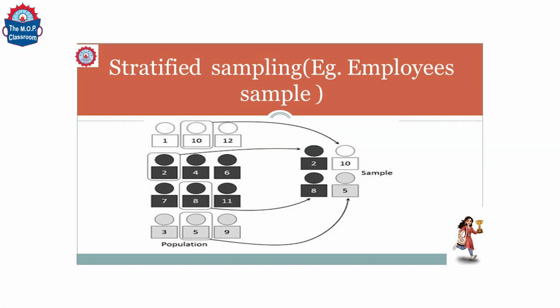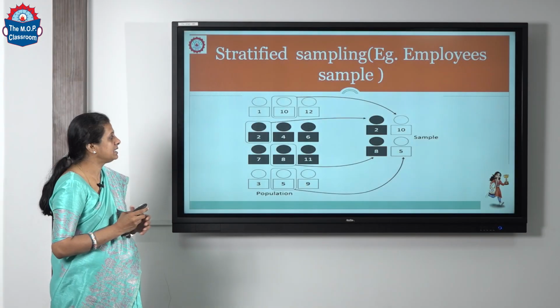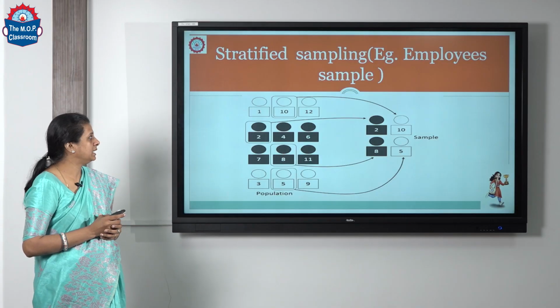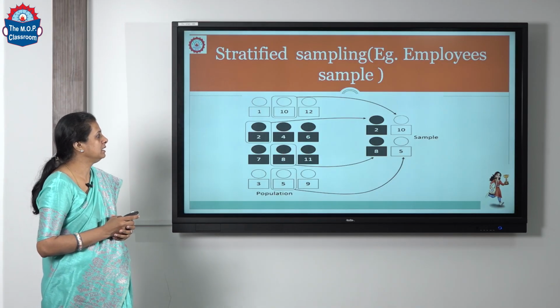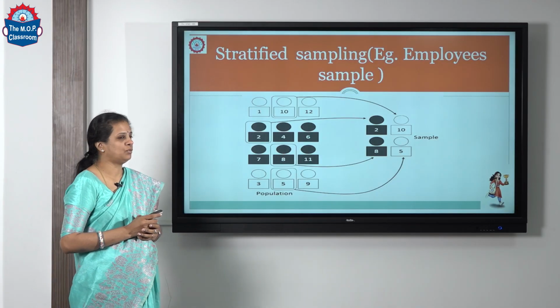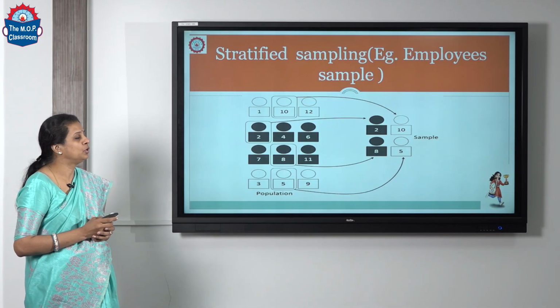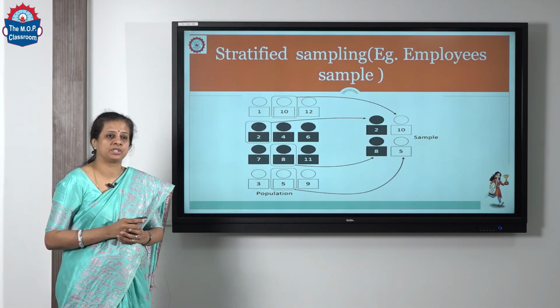The first three, that is 1, 10 and 12, indicate the upper level employees. 2, 4, 6, 7, 8 and 11 indicate the middle level employees. 3, 5 and 9 indicate the lower level employees. This example shows a proportionate sample, wherein from the first level 1 is chosen and from the last level 1 is chosen, but the middle level has the majority of employees, so 2 are chosen. So, this is proportionate sampling.